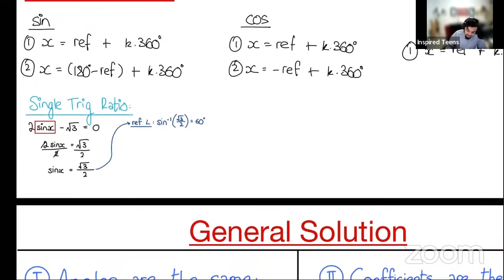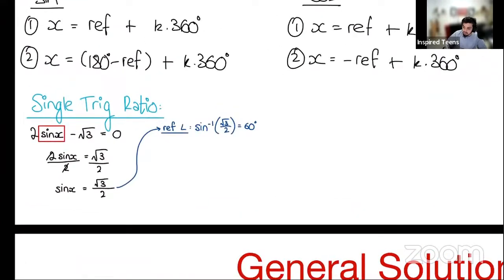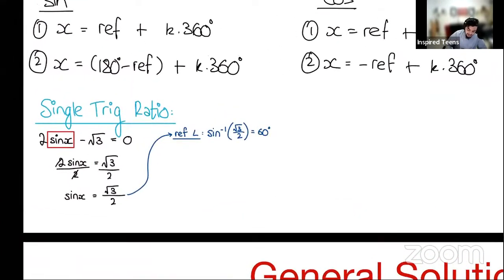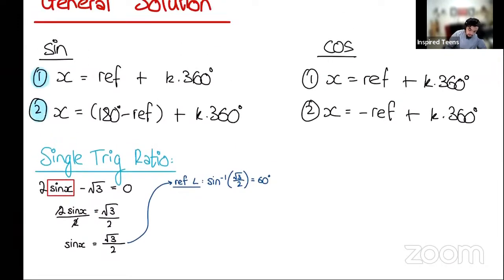So if we look at our general solutions and we see ref angle, ref angle, ref angle, this is what we're talking about. In this case, the ref angle that we just solved for is 60. Since we are dealing with sine, we are going to use the general solutions for sine, number 1 and number 2. So we have to draw up 2 general solutions.